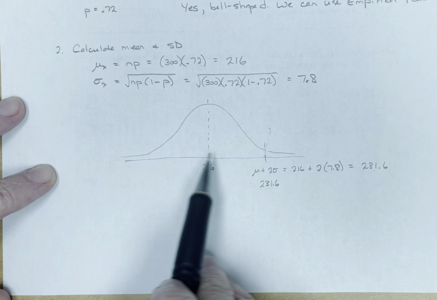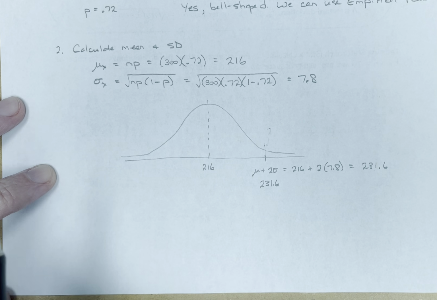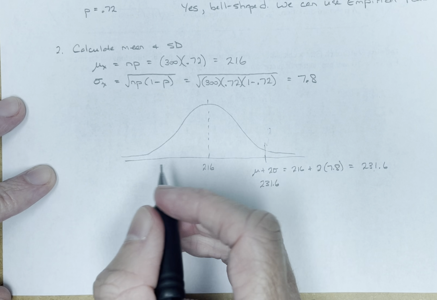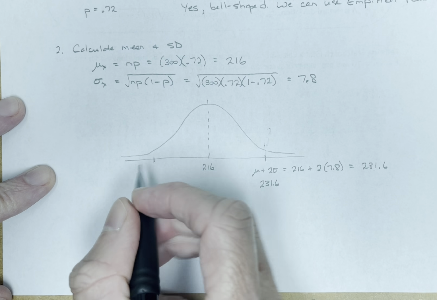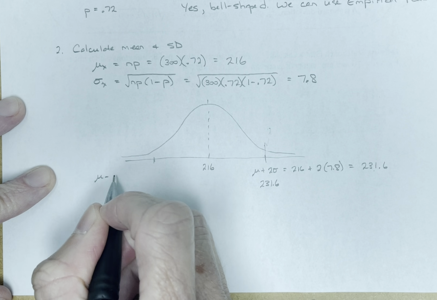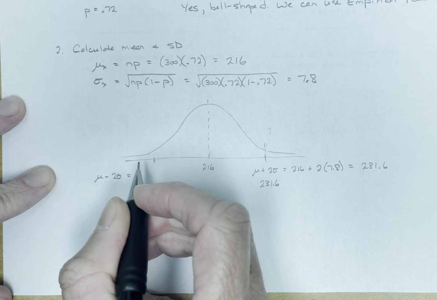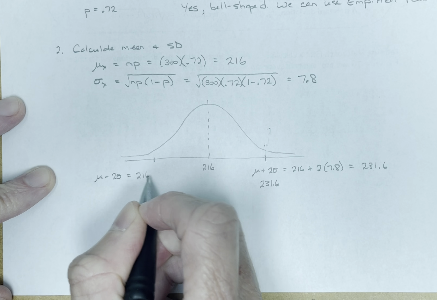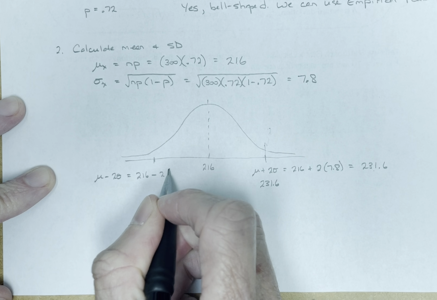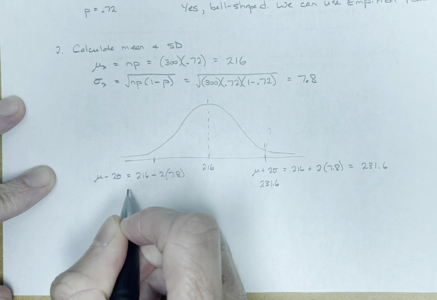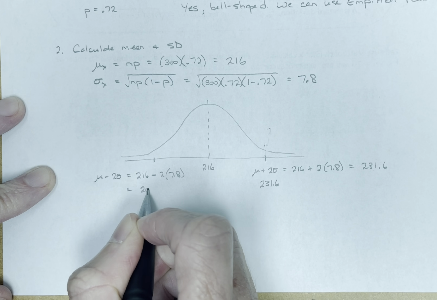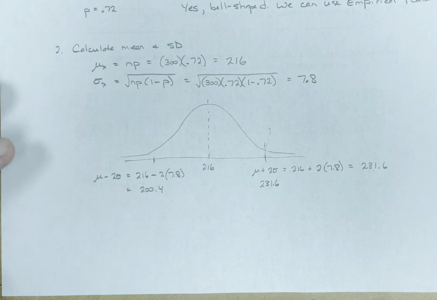Let's look at our lower value for it being usual or unusual. Down here is 2 standard deviations below. This is the mean minus 2 standard deviations, which is 216 minus 2 times 7.8, which is equal to 200.4.